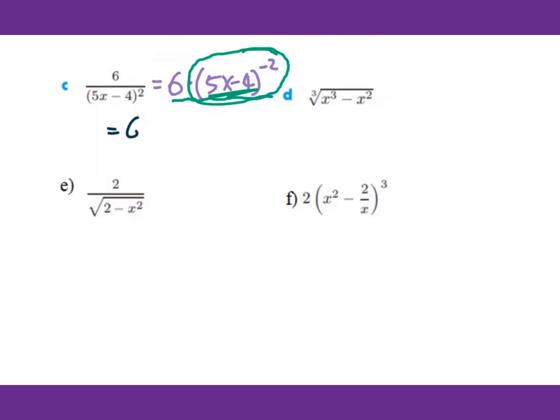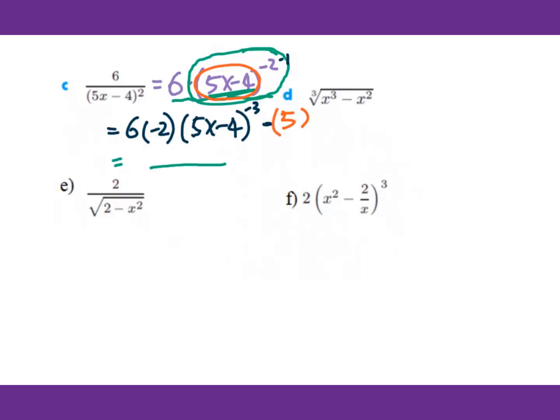So we have 6 times negative 2, 5x minus 4 to the negative third power, because this is minus 1, times the derivative inside. It will be 5. Simplify. You will get negative 12 times 5, negative 60, over 5x minus 4 to the third power.